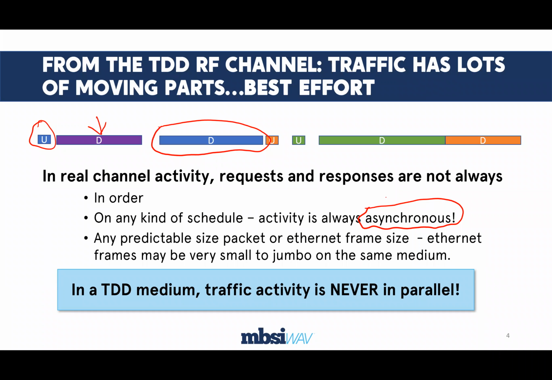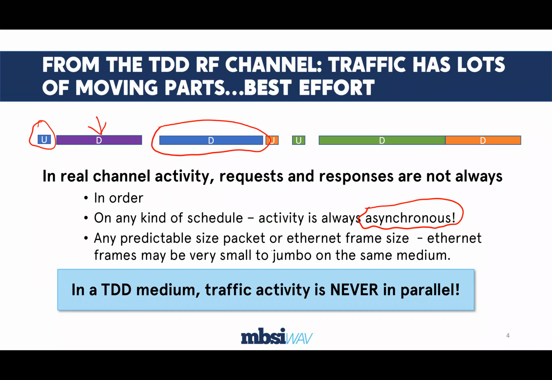The size can be any size. It can be very small, as little as 32 or 64 bytes, or it can be very large. It can be jumbo frames. The response could be up to 9,000 bytes in size, and so the frame may be split up into smaller units or not, and it's just so unpredictable.